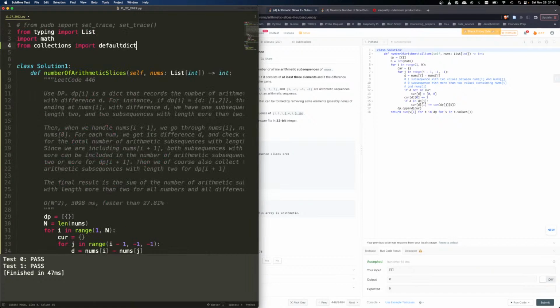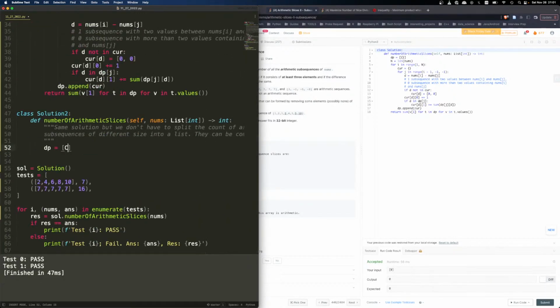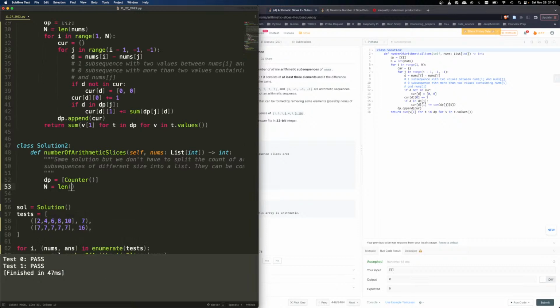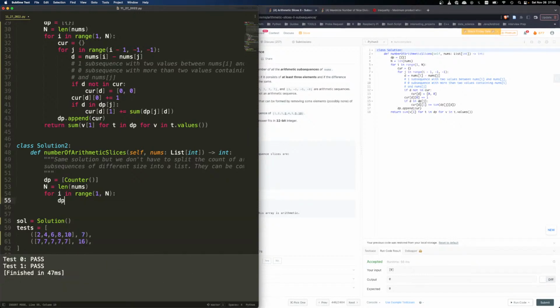All right. So dp is equal to... Then we can use a Counter. n equals len(nums). The rest is the same. For i in range 1 to n, dp current equals Counter.